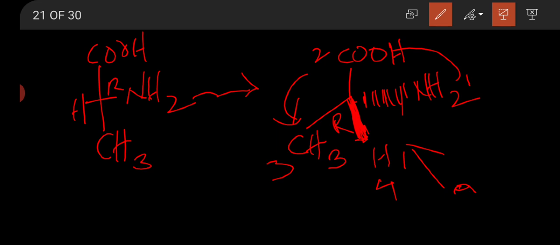Okay, it is the retaining of configuration, that is R in Fisher, and R retained in wedge dash formula.